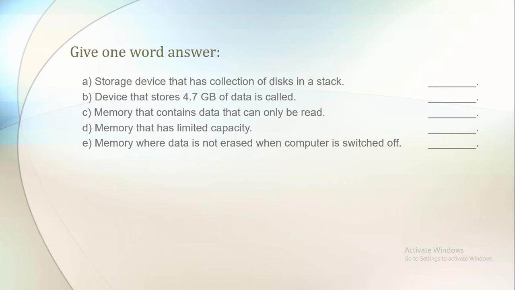Memory that contains data that can only be read is called dash. Memory that has limited capacity is dash. Memory where the data is erased when the computer is switched off. It is called dash.